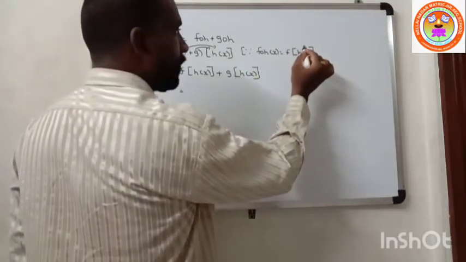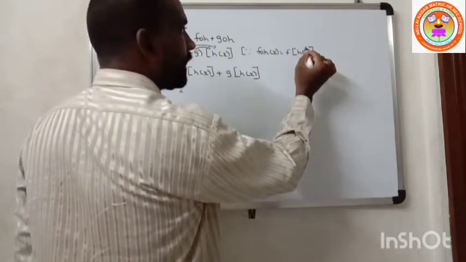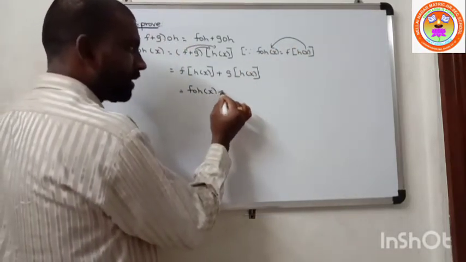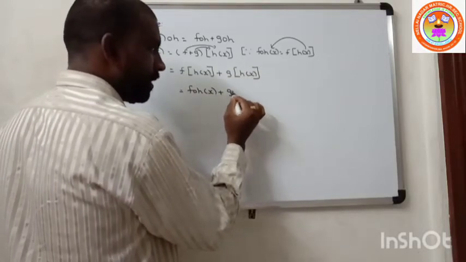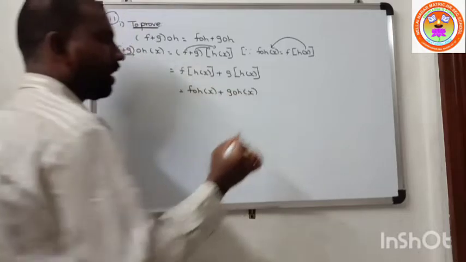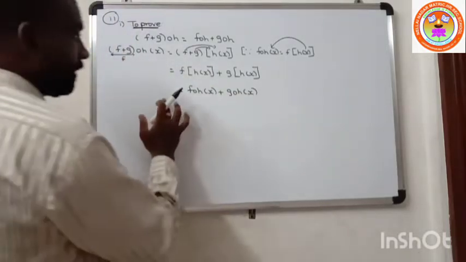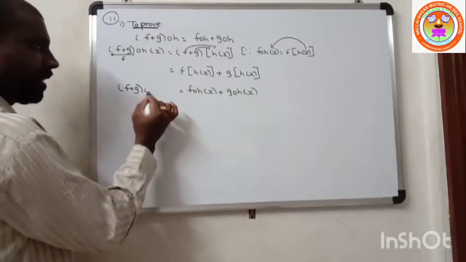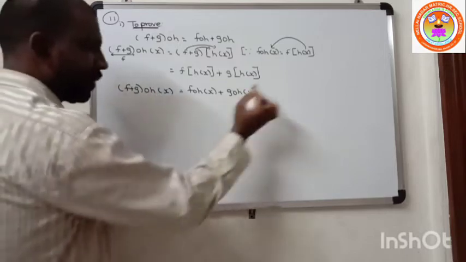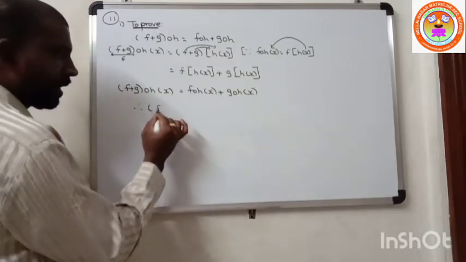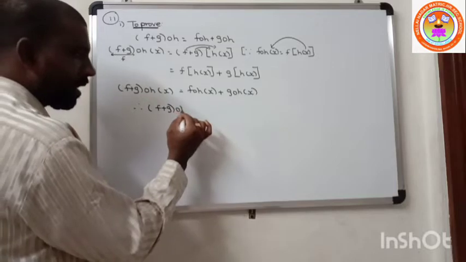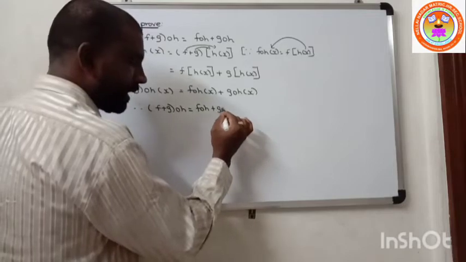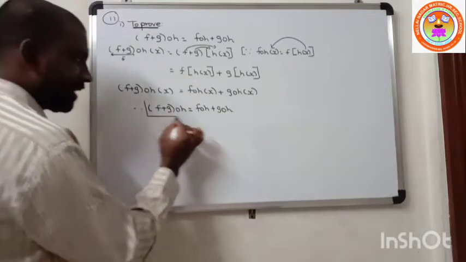Here you write f of h of x, that is f composite h of x, and g of h of x, that is g composite h of x. You remove x. So (f plus g) composite h of x. Therefore (f plus g) composite h equal to f composite h plus g composite h.